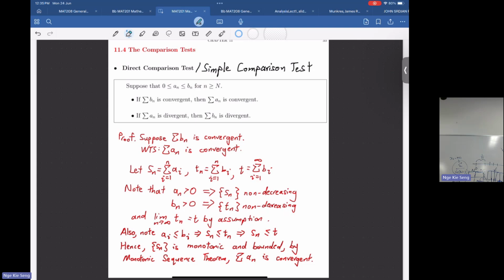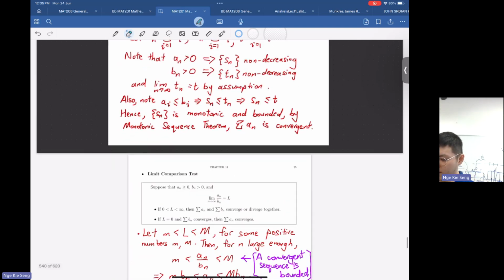So the first statement is: Bn converges, An converges. Then the contrapositive will be: the infinite series of An diverges, and then the infinite series of Bn diverges. This proof we also discussed before, so we won't pursue it again.